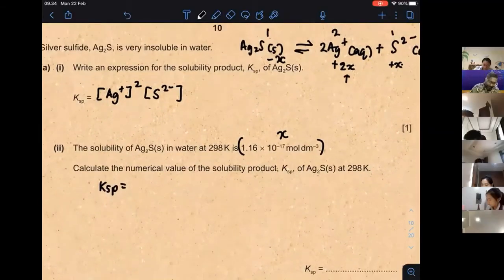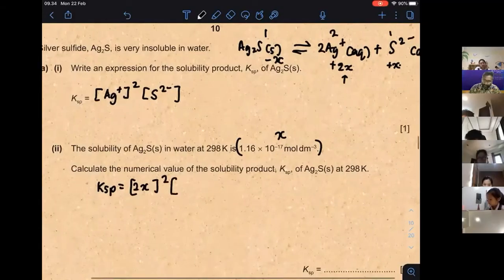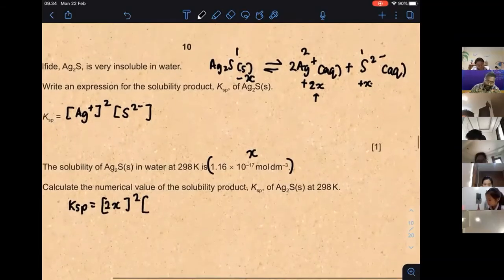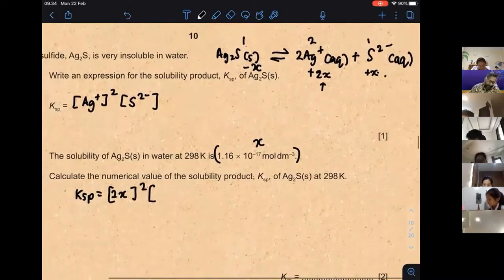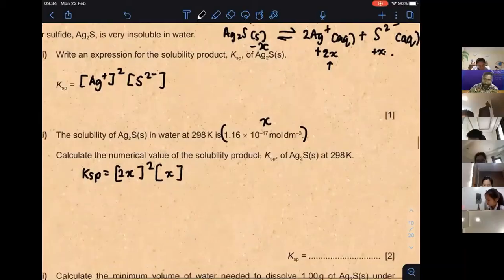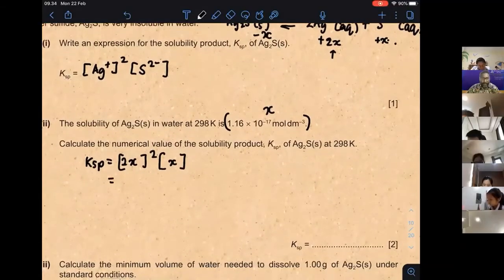So I put 2X to the power of 2, and then here X. It is very important, please take note of this. 2 to the power of 2 is 4, so X to the power of 2, then X to the power of 3. And that's going to be your Ksp.